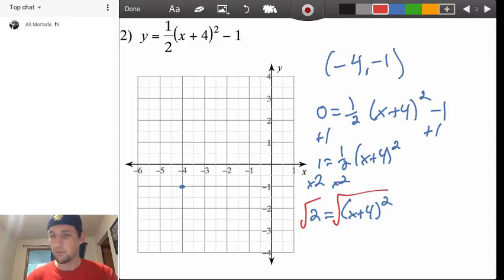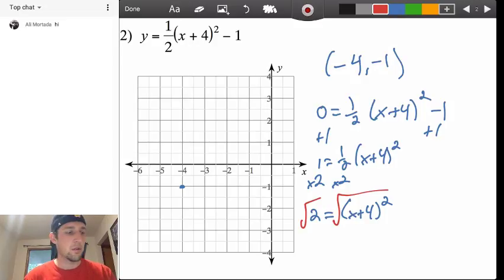So what we're going to do, we are going to take the square root of 2, which unfortunately I have to use a calculator for. I'm pretty sure I could guess, but it's not going to go really well.